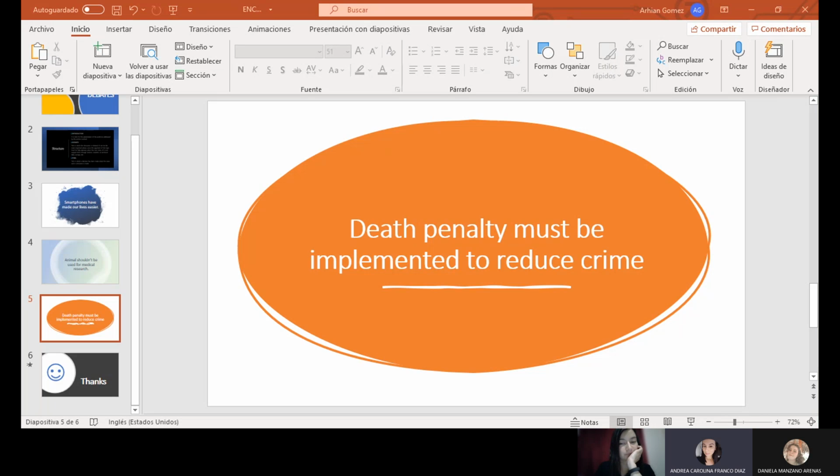Okay, Andrea. Very good. In my opinion, I couldn't agree more with this statement. I believe that if criminals are not punished every day, there will be more crimes and horrible things.